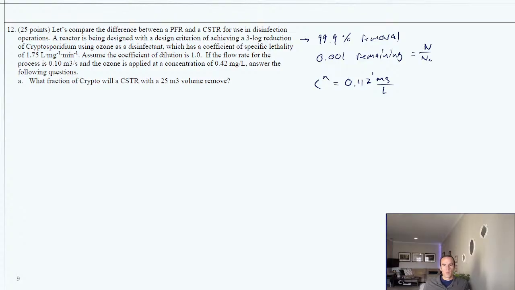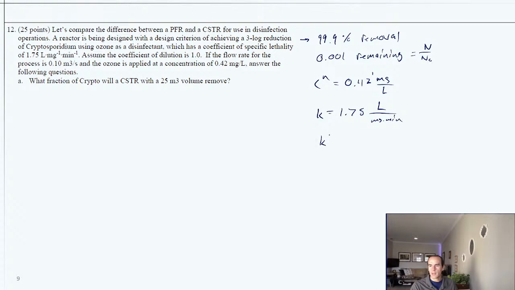So part A says, what fraction of cryptosporidium will a CSTR with a 25 cubic meter volume remove? And if I'm not mistaken, I gave you something very similar on your homework, so I was hoping that in general you would do pretty well here. We also know K was given at 1.75 liters per milligram per minute.